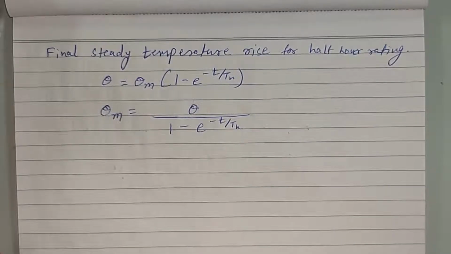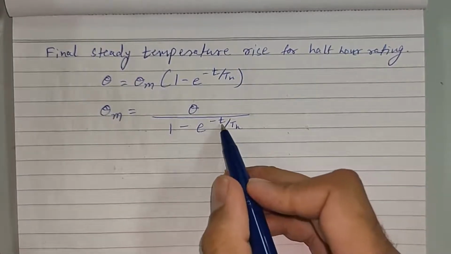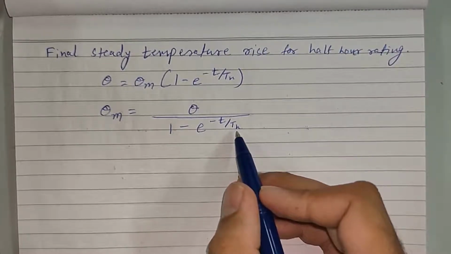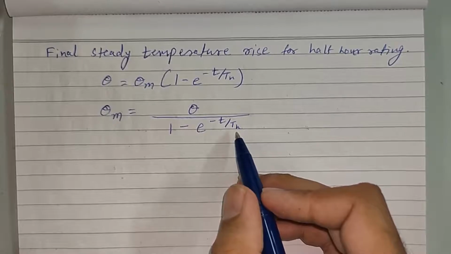Now since we are talking about half hour rating, the value of small t would be 1 by 2, and the value of th has already been calculated ahead.